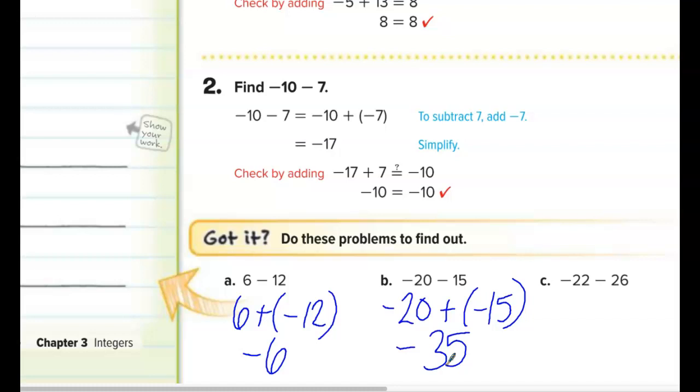Okay. Levi, how do I rewrite C? Negative 22 plus. And what do you get for an answer, Sahara? Negative 48 is correct. Give me a thumbs up. Perfect. Go on to the next examples.